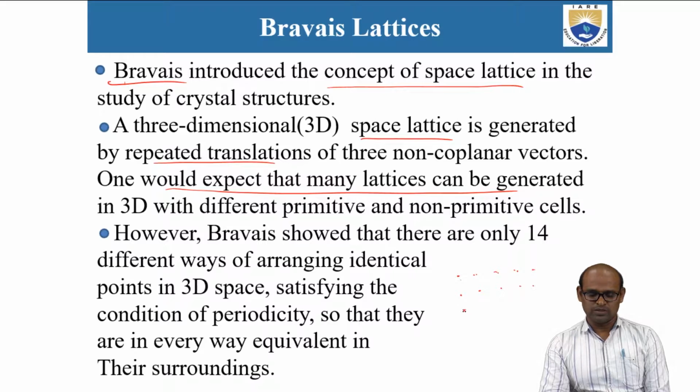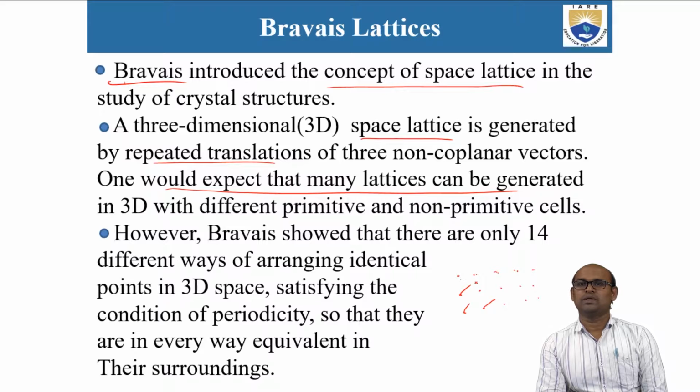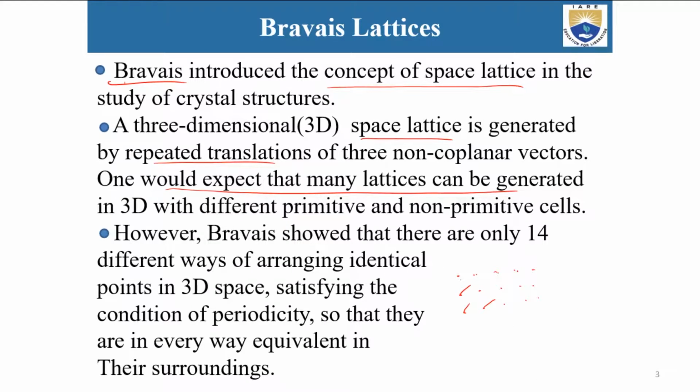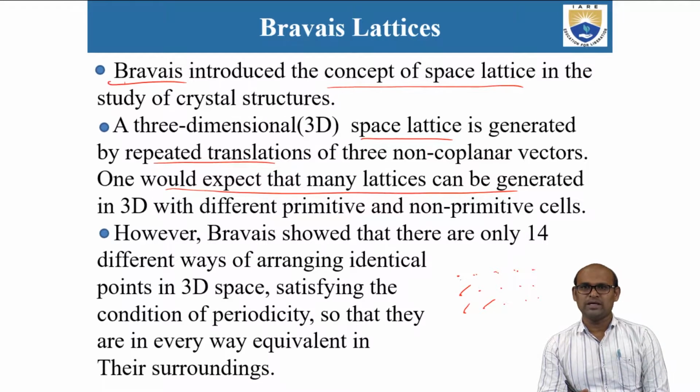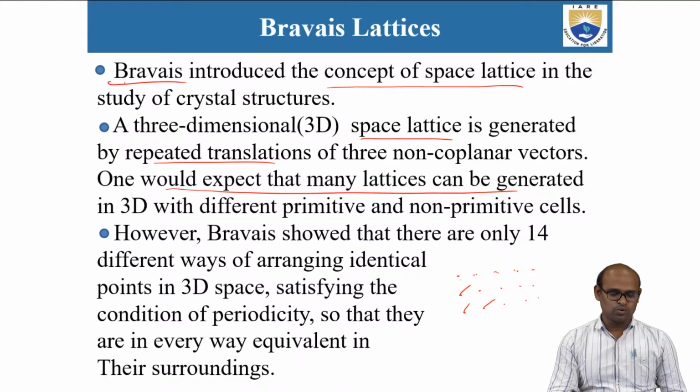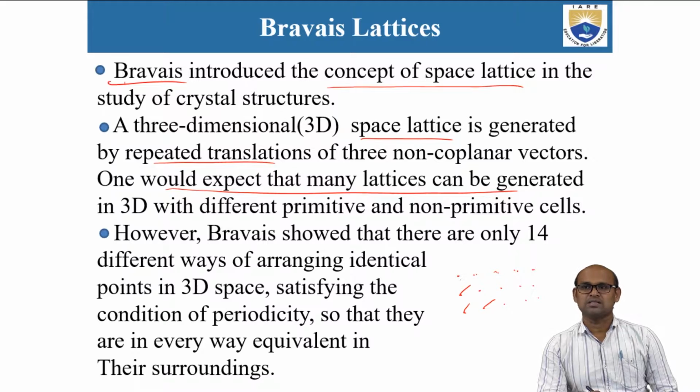Then in another direction, not in the same plane, you can again use this repeated translation to generate a 3-dimensional space lattice. So if we have this in mind, we can think that we can generate so many lattices, but that is not correct.